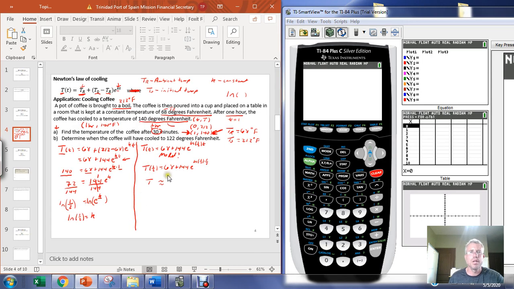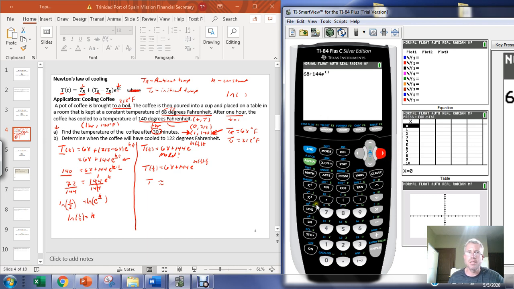So we go 68 plus 144. The e is above the natural log button because they're inverse functions. So e to the, and now I need to put the whole exponent in parentheses.